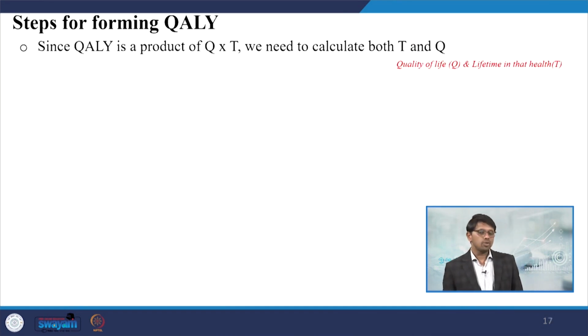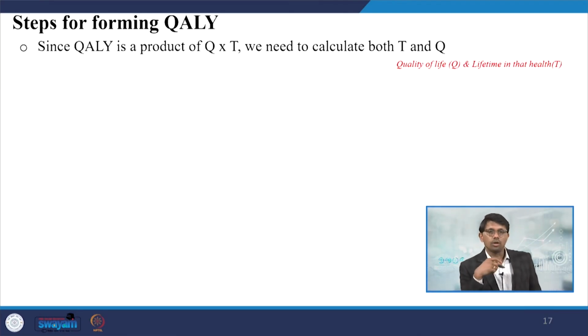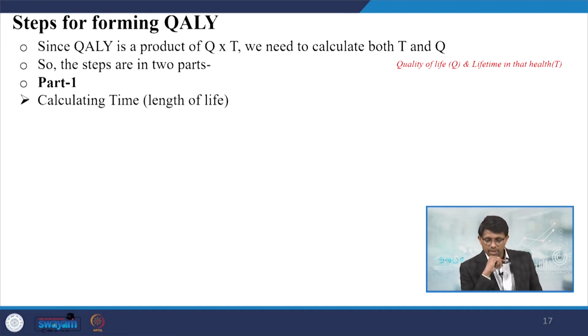So, what are the steps of QALY then? QALY basically counts the product of Q times T, where Q stands for the quality of life and T stands for the time in the health.